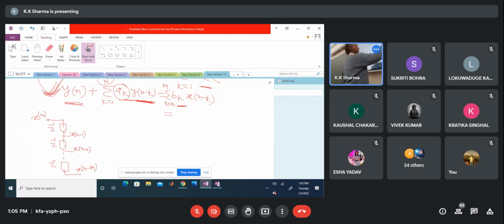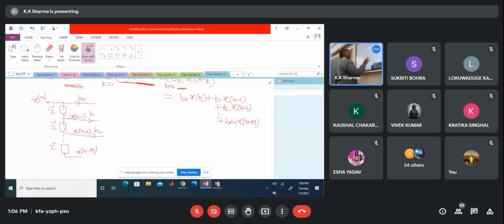If you expand this equation, it will be b0 into x of n plus b1 into x of n minus 1 plus b2 into x of n minus 2, and the last element will be bm x of n minus m. So I multiply x of n by b0, x of n minus 1 by b1, and similar multiplication for other elements.